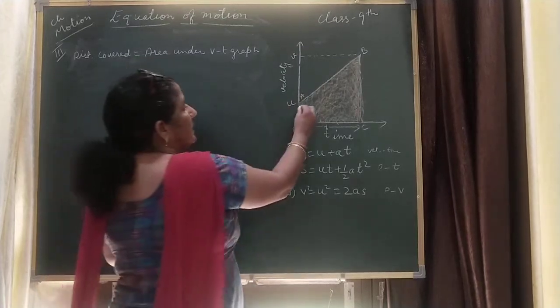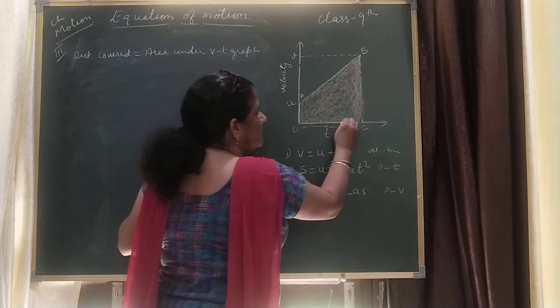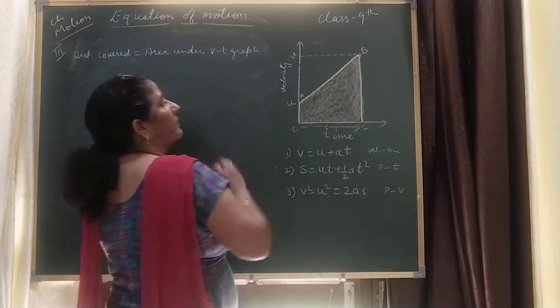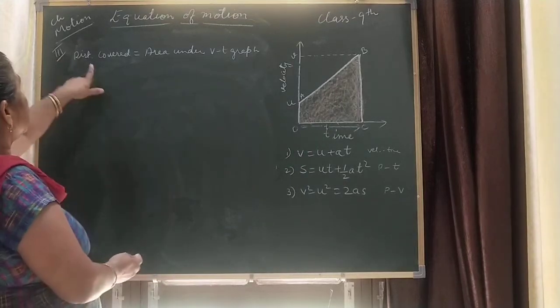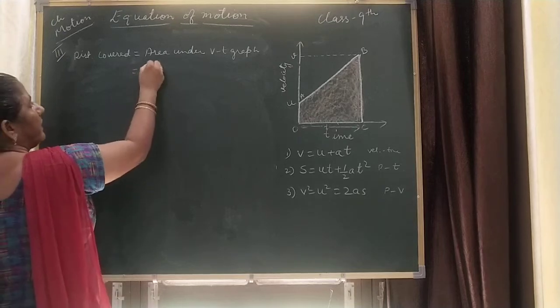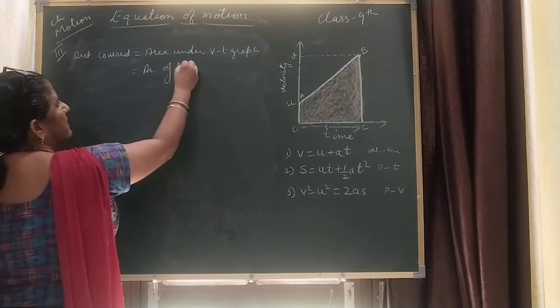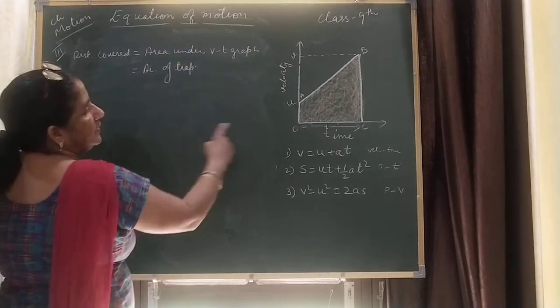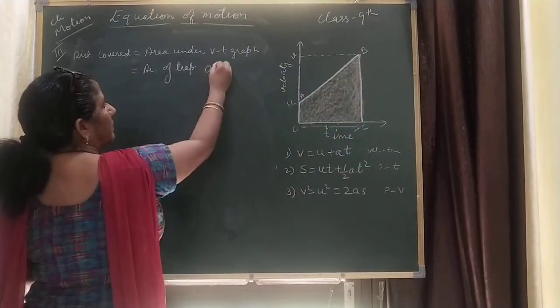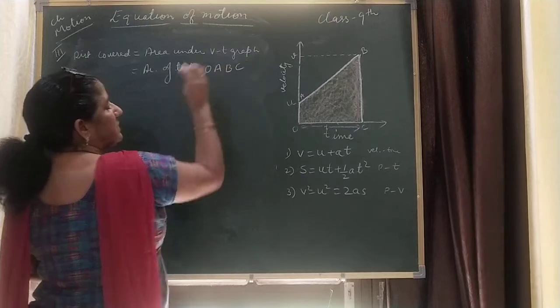Look here beta, this is like a trapezium. Now here distance covered is equal to the area under the VT graph, equal to the area of trapezium OABC.